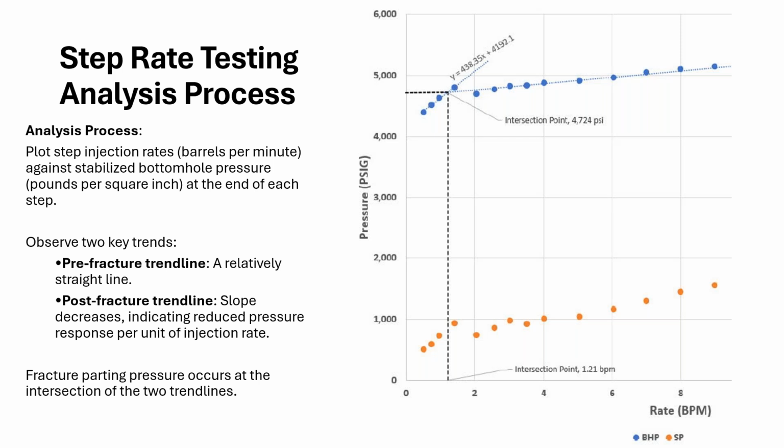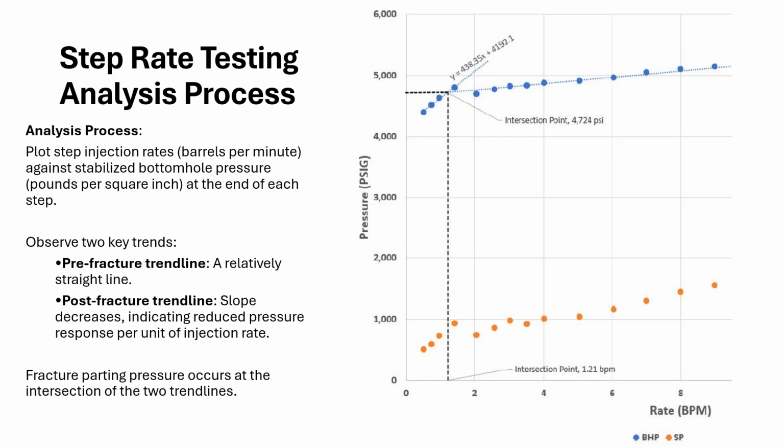Okay. How do you determine what is an acceptable rate and pressure to end the test? Three steps above and below fracture parting pressure are the minimum recommendations throughout some of the state guidelines. So you find your fracture parting pressure, go on three steps.